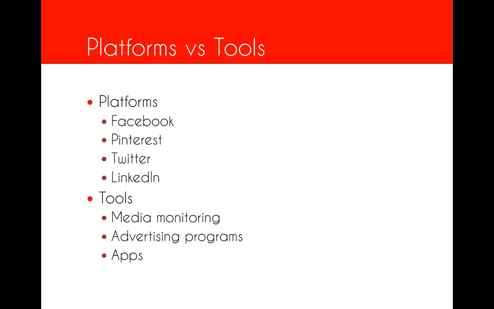The advertising programs, they're tools, and all the different apps that join everything or that make it better. So apps so that you can connect your games on your phone to Facebook, or you can make it so that your posts on Facebook show up on Twitter or LinkedIn. All of those little extra pieces, they're the tools that are within the platform. Does that make sense?